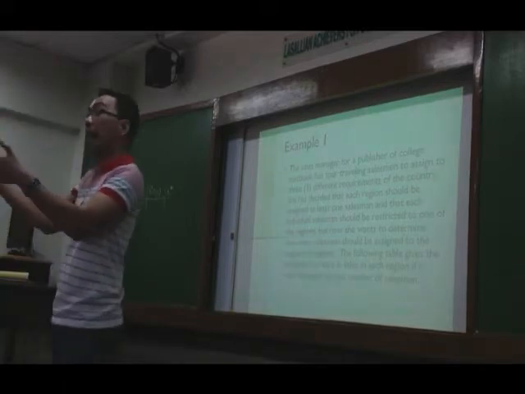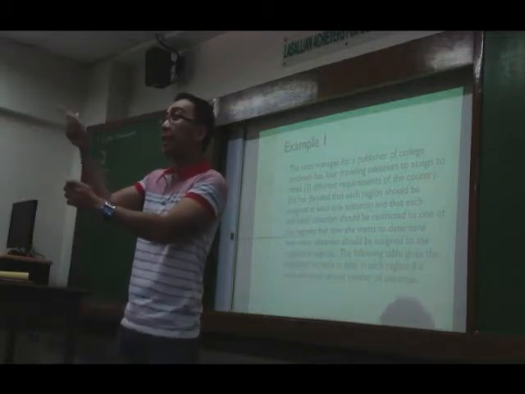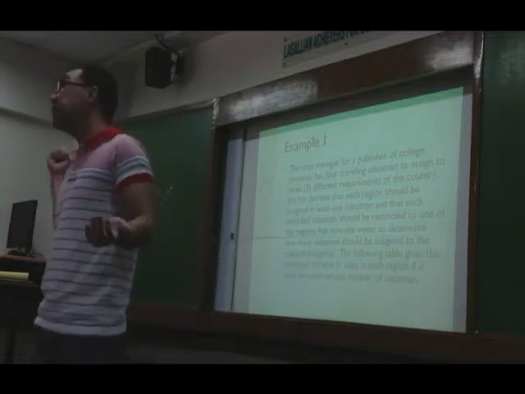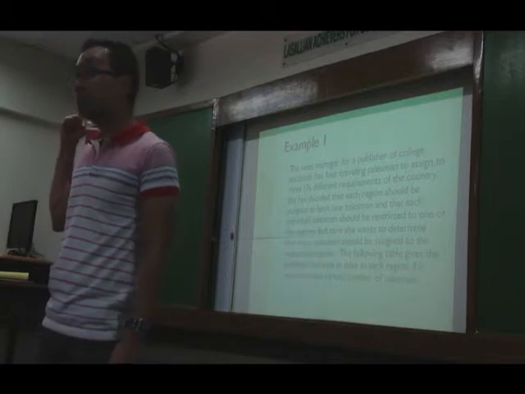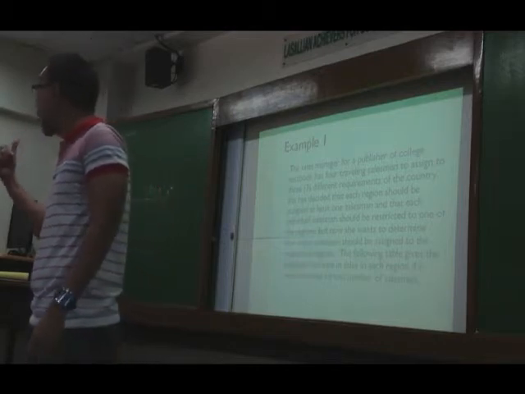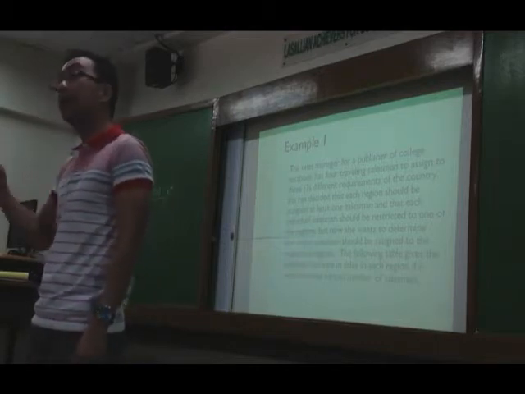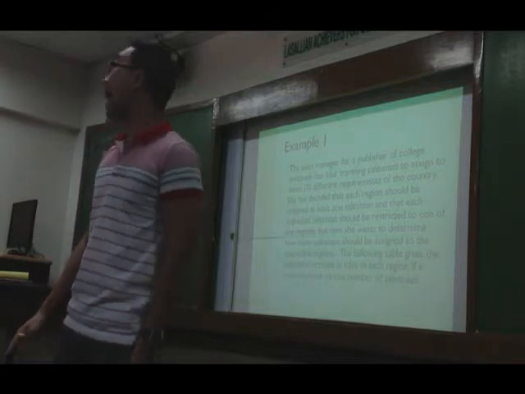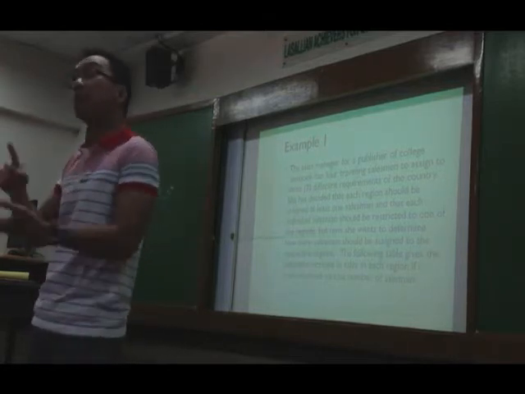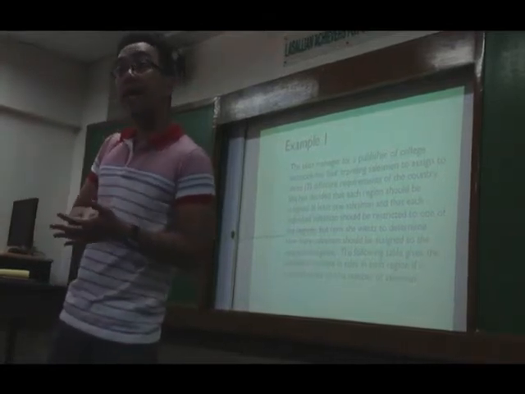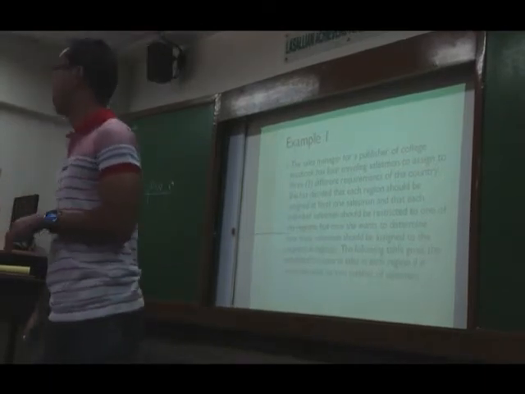Is it important for us to know kung sinong salesman ilalagay ko sa bawat region? In this case, not. Di ba? So therefore, I don't need i, or I don't need two subscripts. I only need just one. X_i being what? The number of salesmen to allocate in region i.